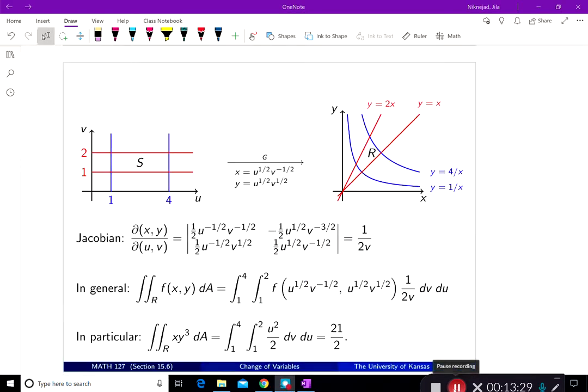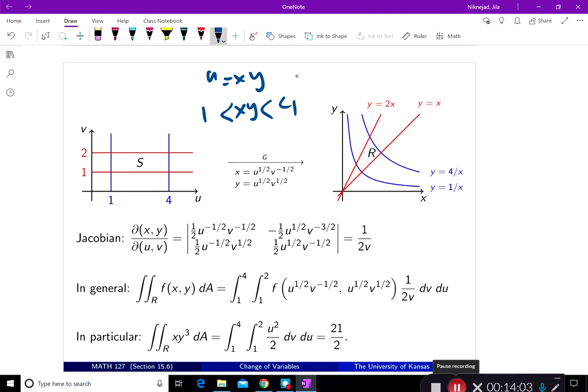So according to the choice, we chose u to be xy and v to be y over x. xy is supposed to be between 1 and 4, and so that makes u between 1 and 4.